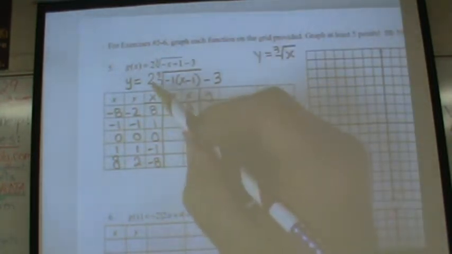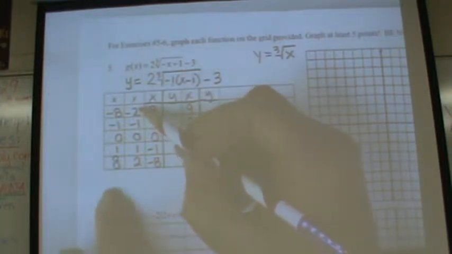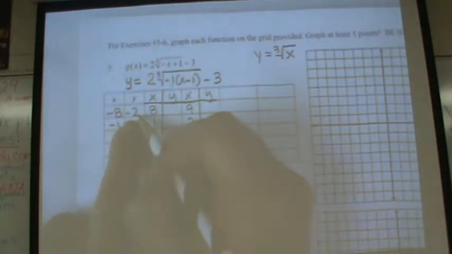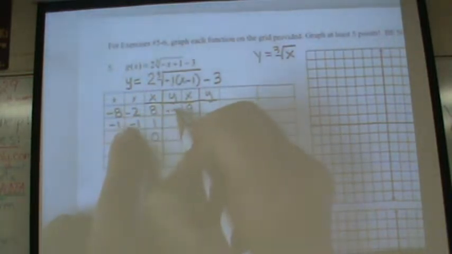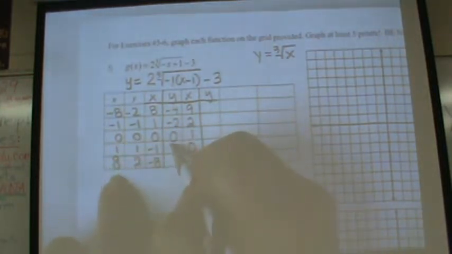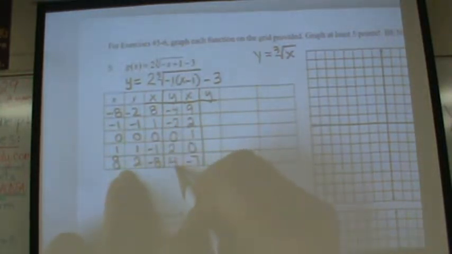Now I move here. This is my C value. I will multiply my Y values by 2. So I can multiply each of these in my parent function by 2. You get -4, -2, 0, 2, and 4.